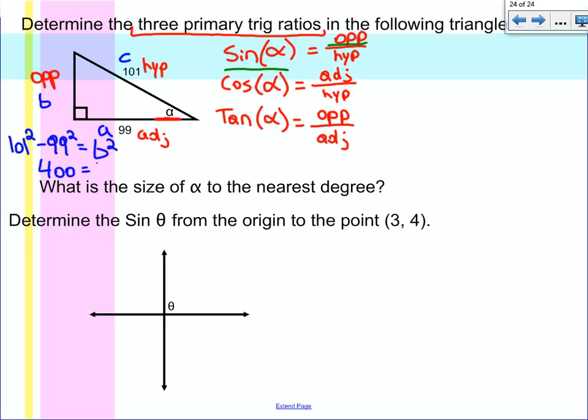Our opposite side is 20, meaning our sine ratio is 20 divided by 101. Your cos ratio is adjacent divided by hypotenuse, so it's 99 divided by 101. And your tangent ratio is opposite divided by adjacent, so it's 20 divided by 99.